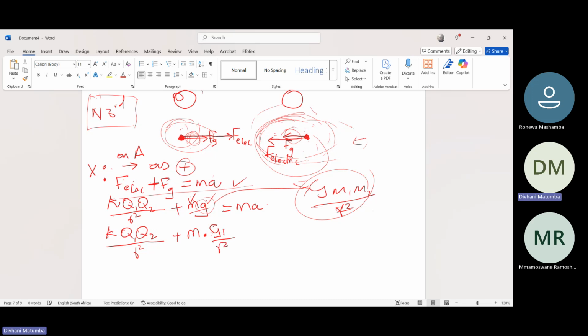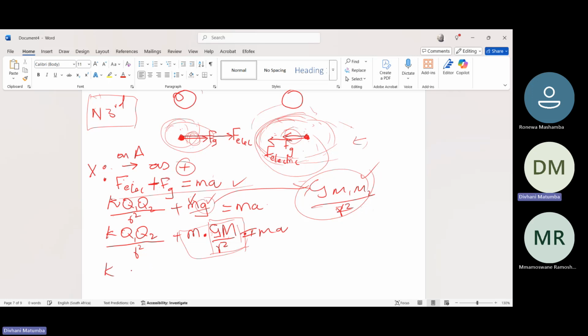I agree, but you said g over r squared. What is the right formula? It is GM over r squared. Do you agree with this one? Yes. Fg is equal to ma. But if I rearrange this formula, am I not getting this? Sir, you are. Okay, so no problem.